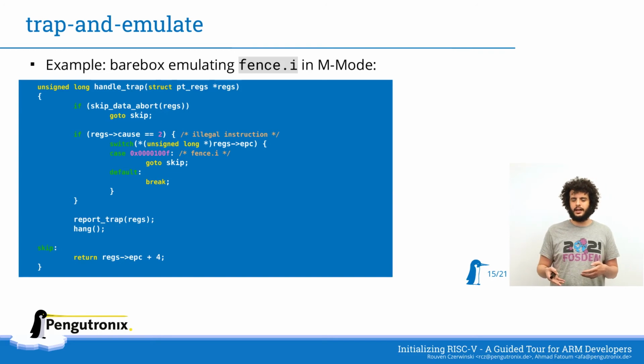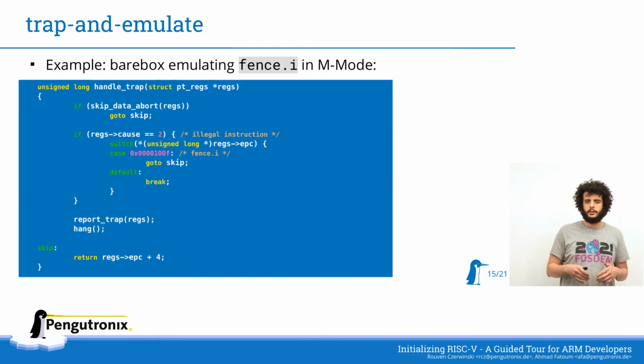But you need fence-I once you have instruction caches, because you need to invalidate this instruction cache. For example, you have just uncompressed the Barebox, now you want to execute it, but you can't be sure what was in the instruction cache before you uncompressed Barebox there. So you will need to invalidate the instruction cache. Instead of having two Bareboxes, one for CPUs without fence-I and one for CPUs with fence-I, you can just have a trap handler that supports both.